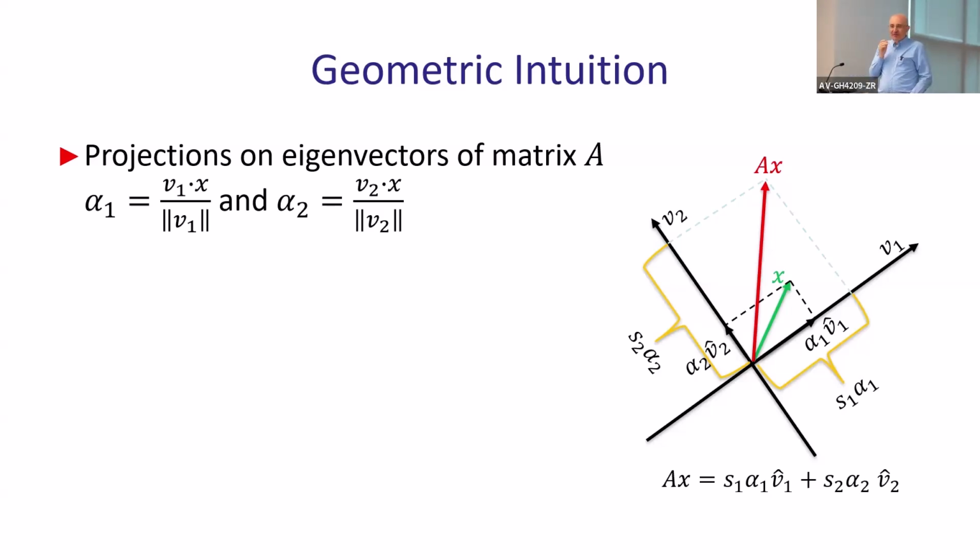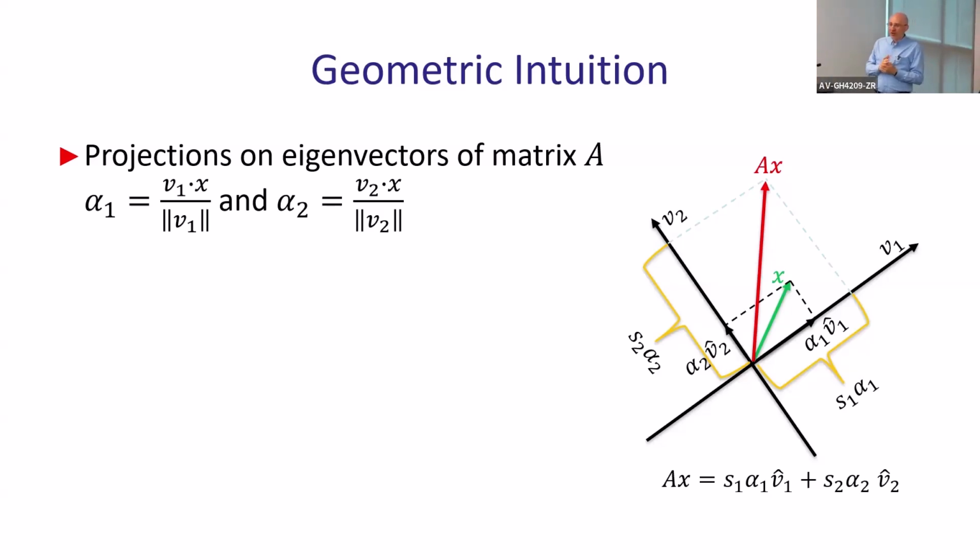And the idea is that since an eigenvector is something which replaces multiplication by a matrix with multiplication by a scalar, this is how we want to compute it: just a number times V1 plus another number times V2. This is the overall idea. But what are these numbers?